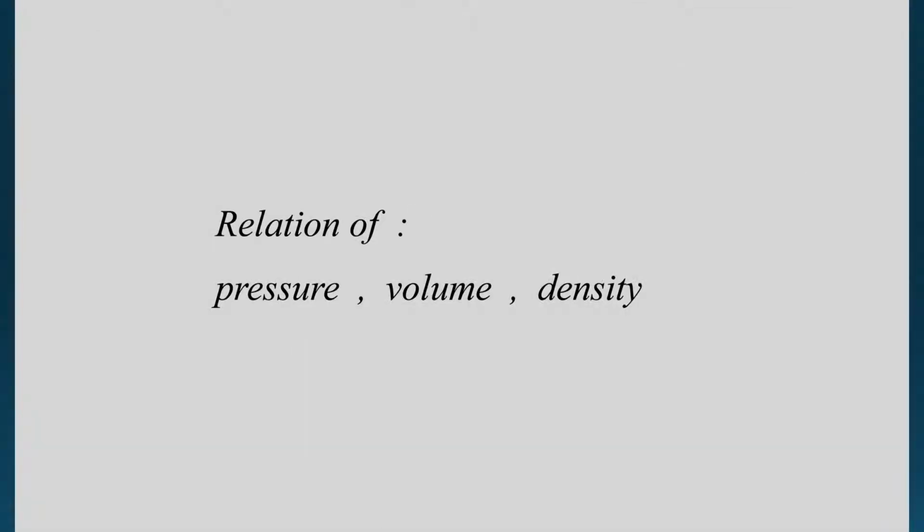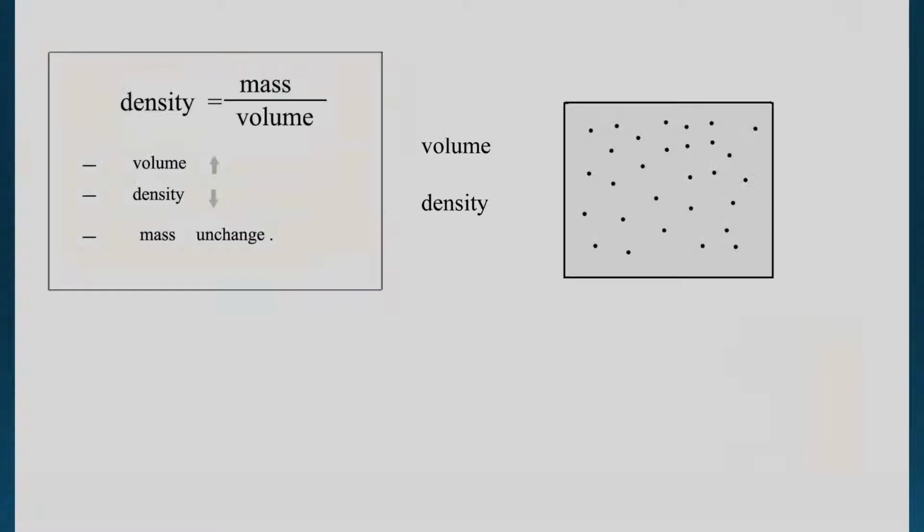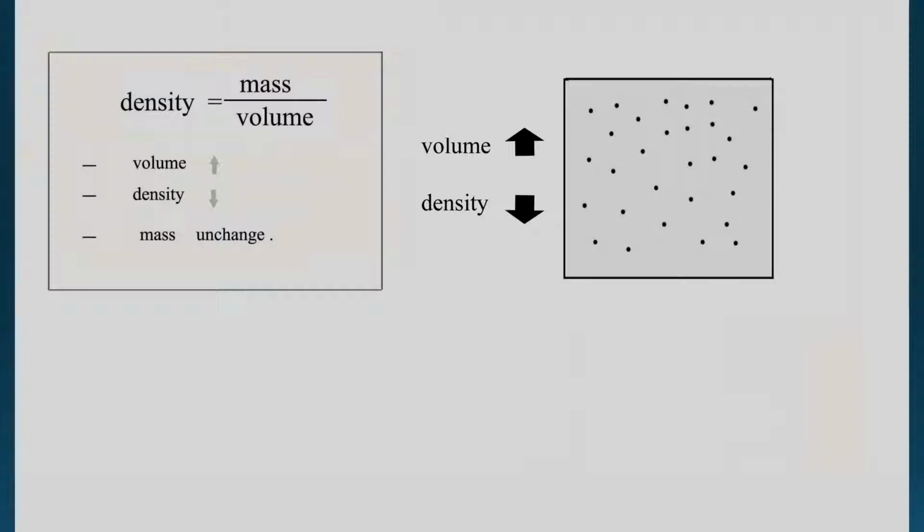Now this is a subsidiary part: the relationship of pressure, volume, and density. This applies to gas only. Volume and density, in year 11 we learned they have an opposite relationship.